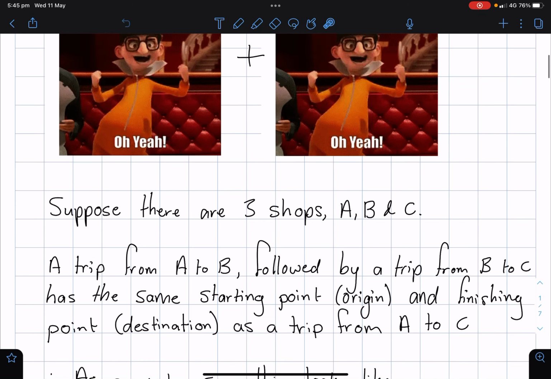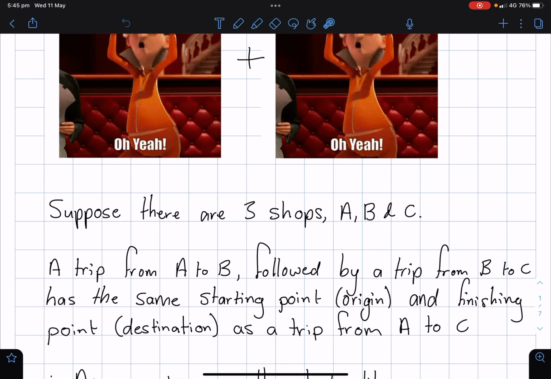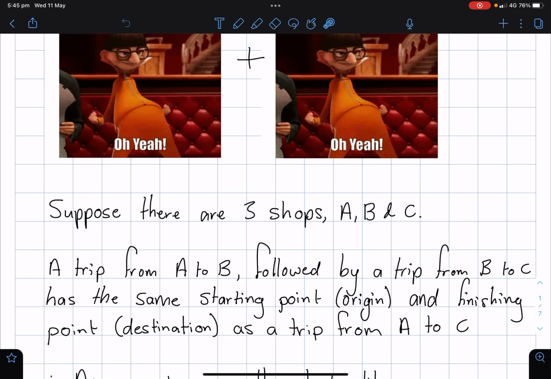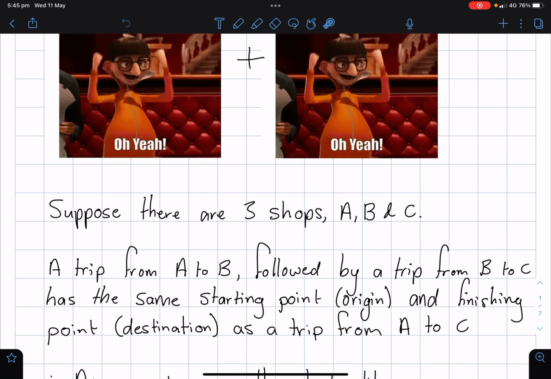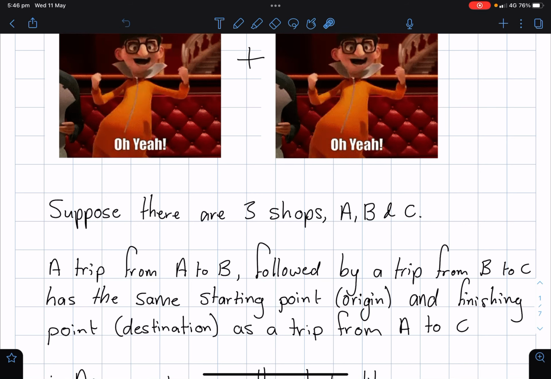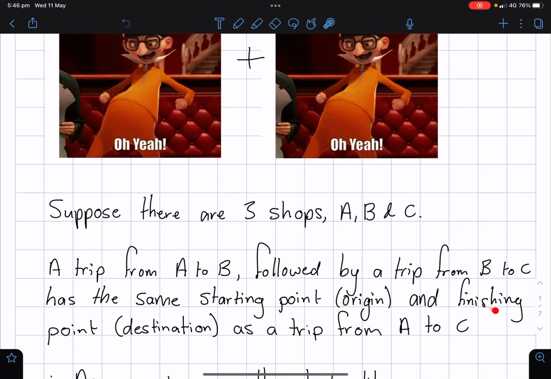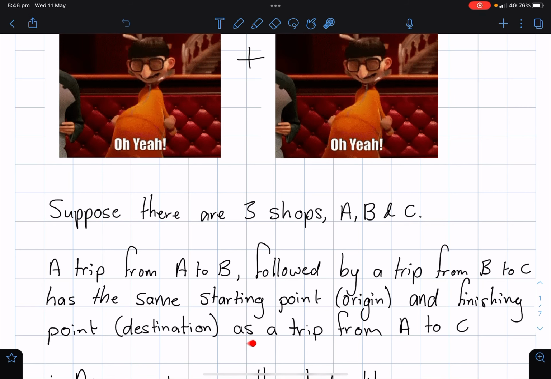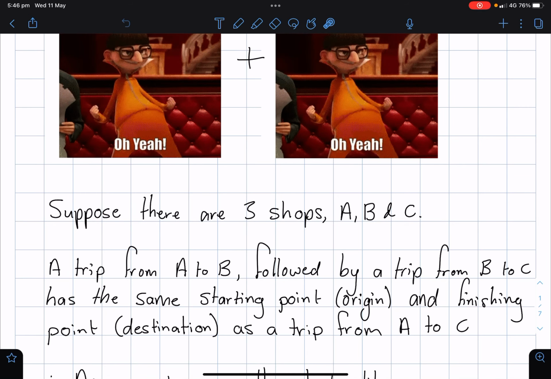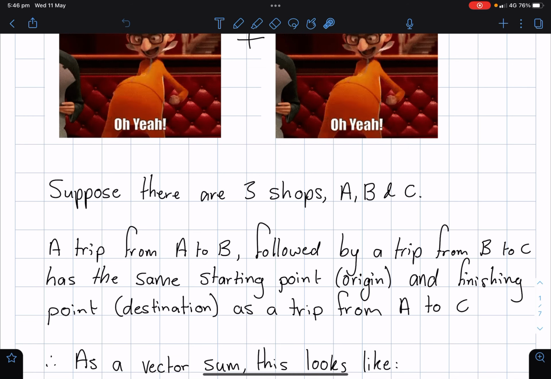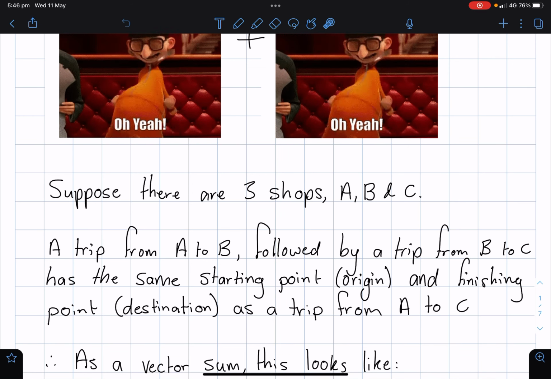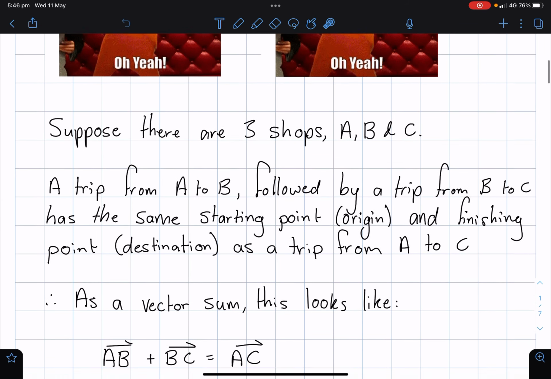So, bit of an example here. Suppose that there are three shops, A, B, and C. A trip from A to B, followed by a trip from B to C, has the same starting point, origin, and the same finishing point, destination, as a trip from A to C. All right, so from A to B and then B to C is the same as going from A to C. Okay, so as a vector sum, this looks like this.